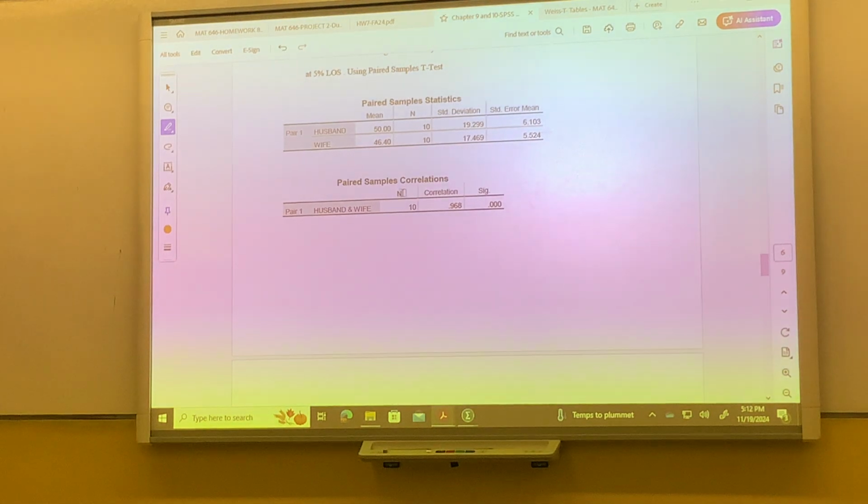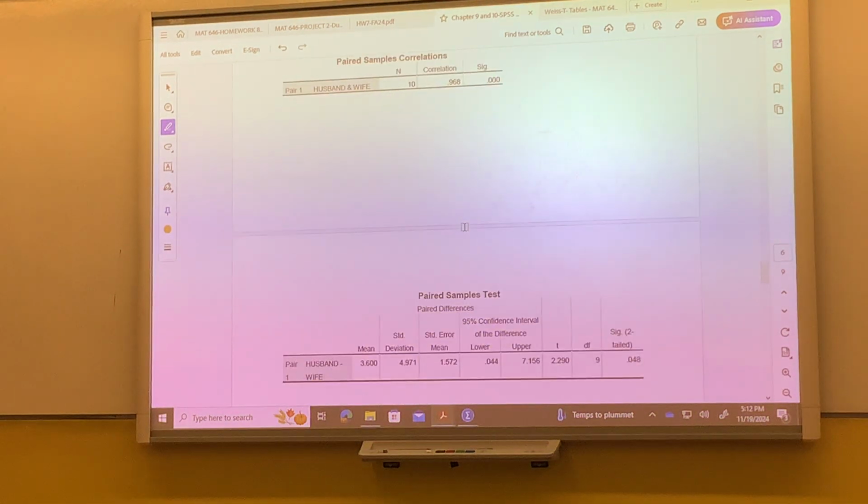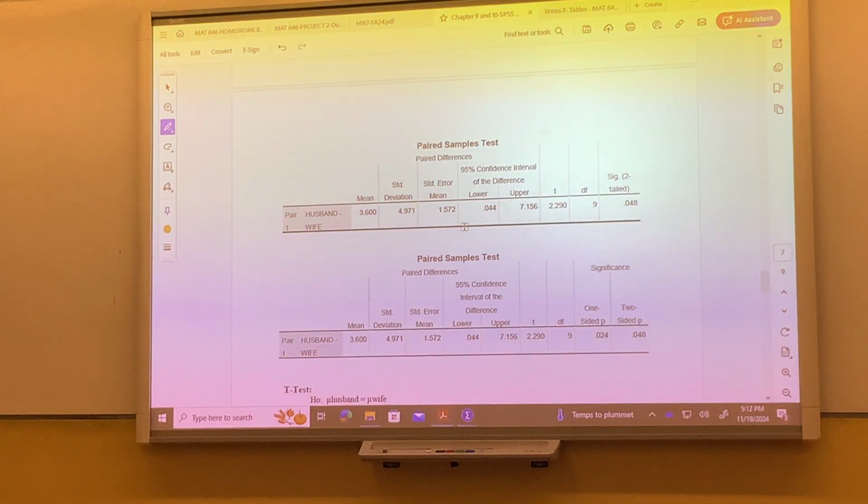But this is just to emphasize that we don't have independent two groups. There's a high correlation between the two ages of husband and wife. So we have dependent samples. You don't have to do anything with it, just look at it. This is your actual paired sample t-test.